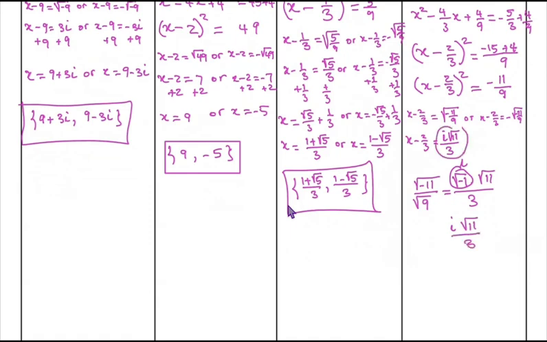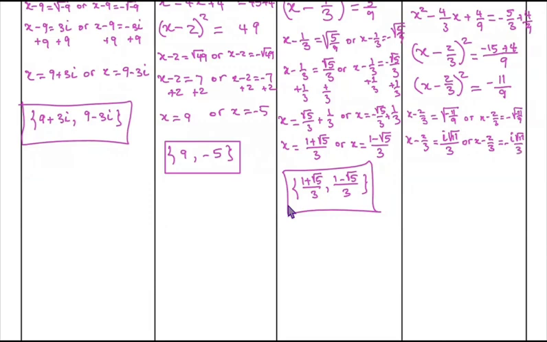So that's how I get this. The other equation will be simplified the same way with a negative sign outside.